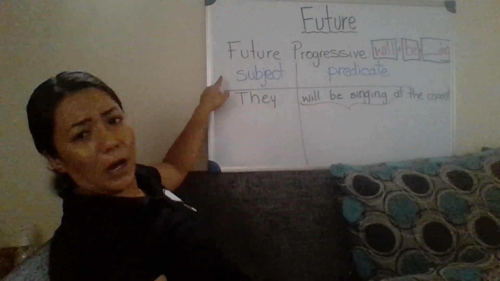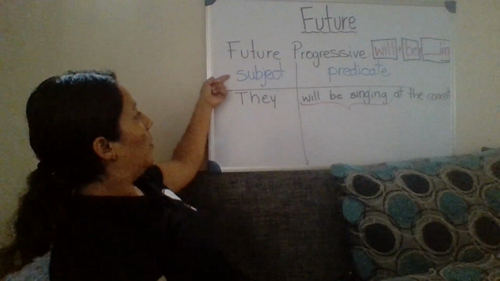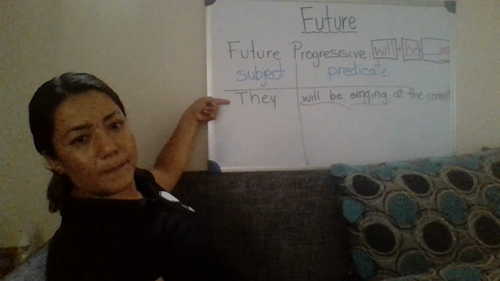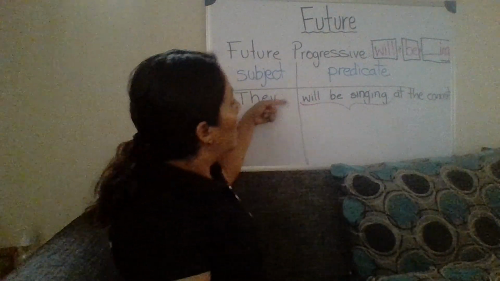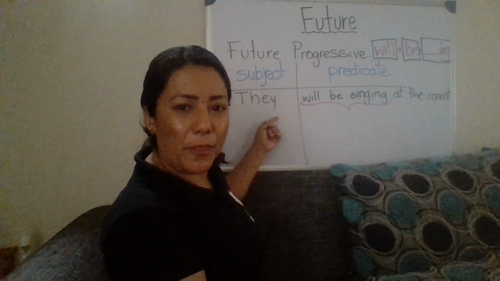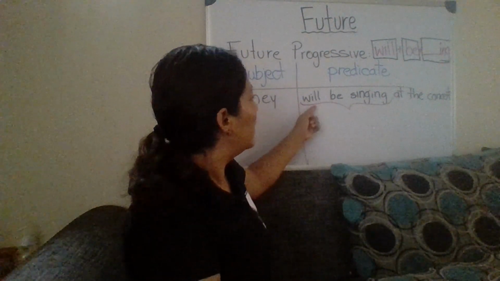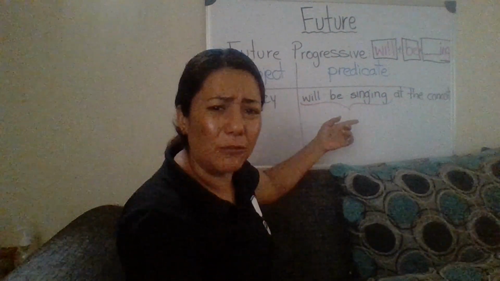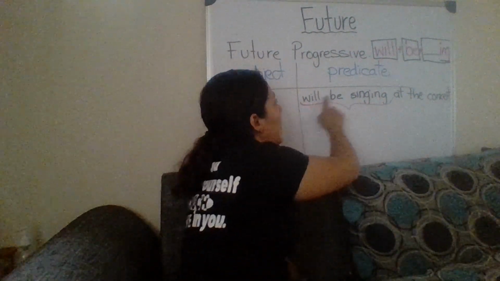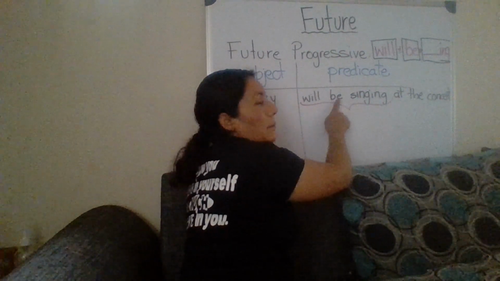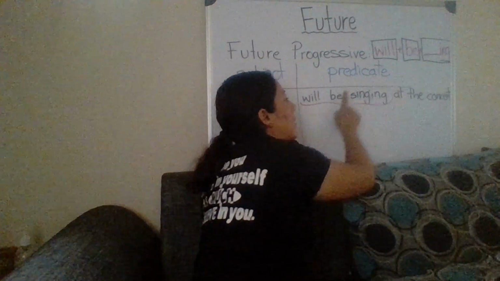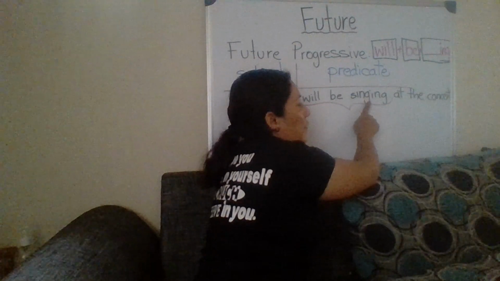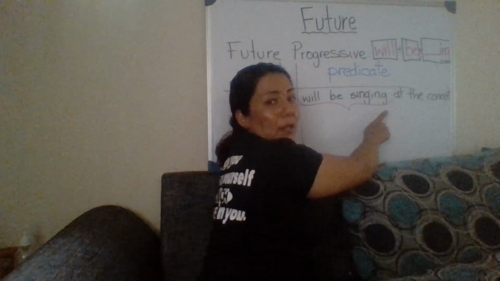Now, our example is, who's the subject? They. What are we saying about they? Will be singing. Are we using the right formula? Let's see. Will, be, and a verb with an ing ending.